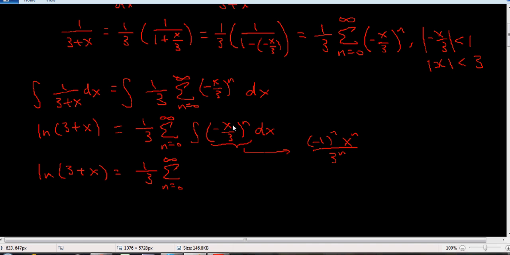Because I'm integrating this, the only thing that really depends on x is the x to the n here. So everything else I can factor out. So negative 1 to the n over 3 to the n, integral of x to the n dx. Everything else I factored out, so I'm just taking the integral of x to the n dx. Well, that shouldn't be too hard. This is just power rule.